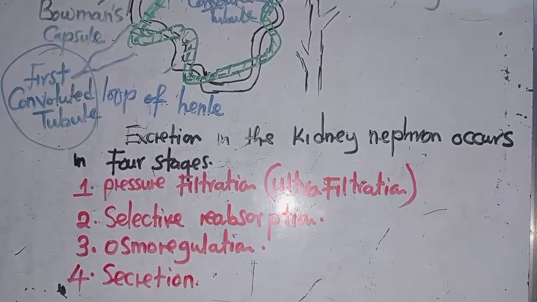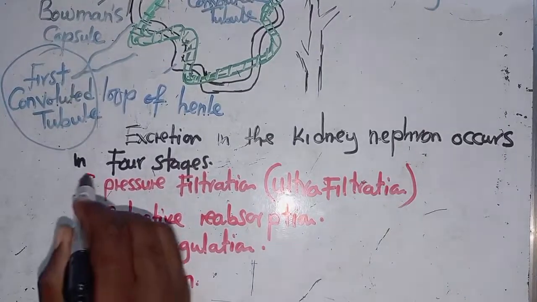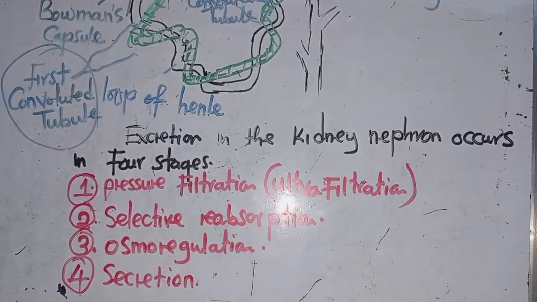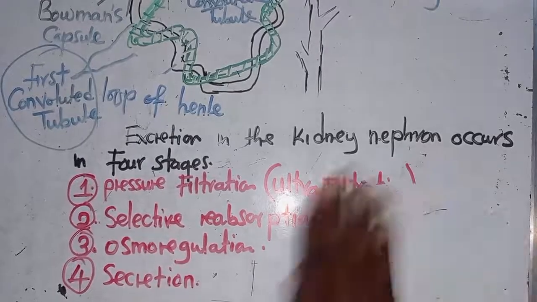This is the last stage that you have to understand. So how many stages are we having all together? We've got 1, 2, 3, 4 stages that get to happen in the kidney nephron. And this is a structure that you have to understand. The most important thing is understanding what I'm teaching.